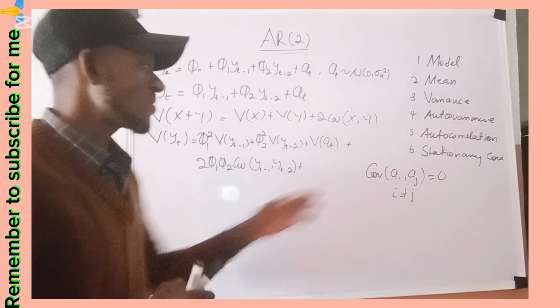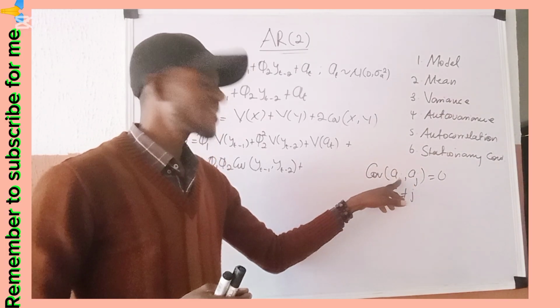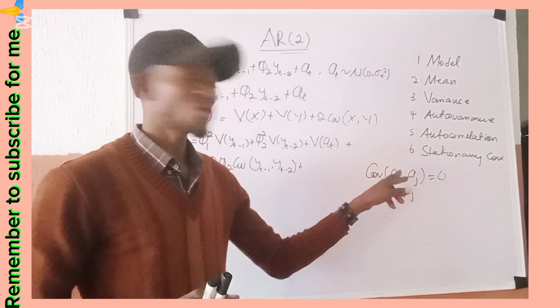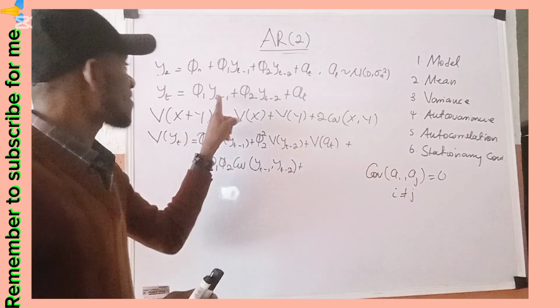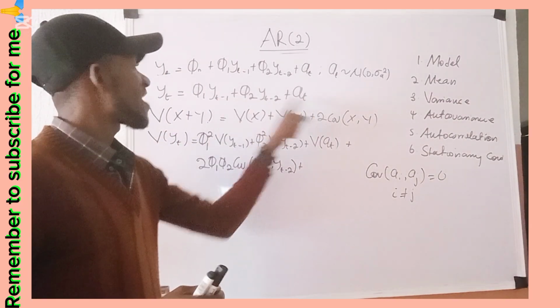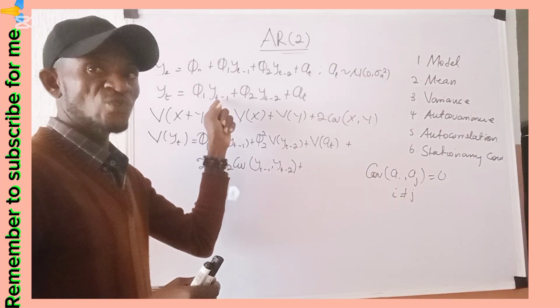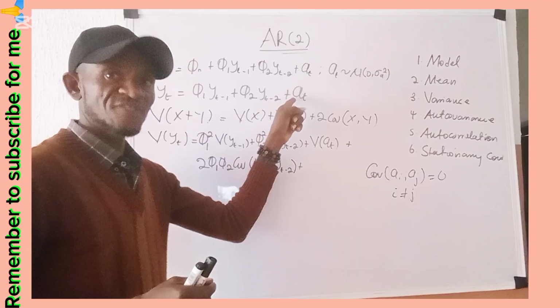So when you are considering the white noise at different time lags, they are uncorrelated, and as such, their covariance is 0. When you consider this pair and this pair, and you express y of t minus 1, there is no term in y of t minus 1 that will contain a of t.